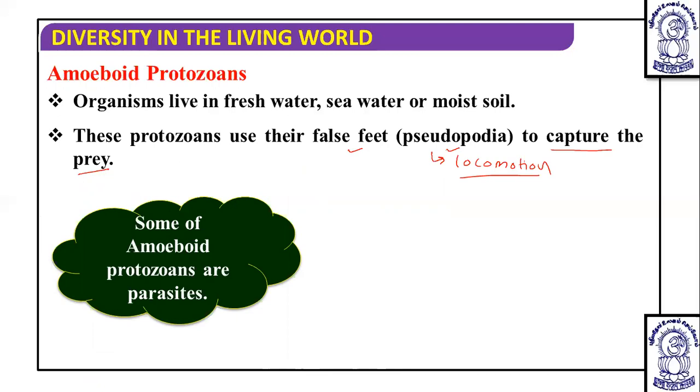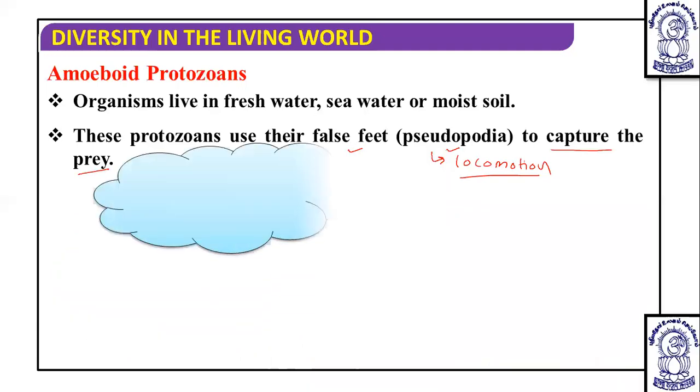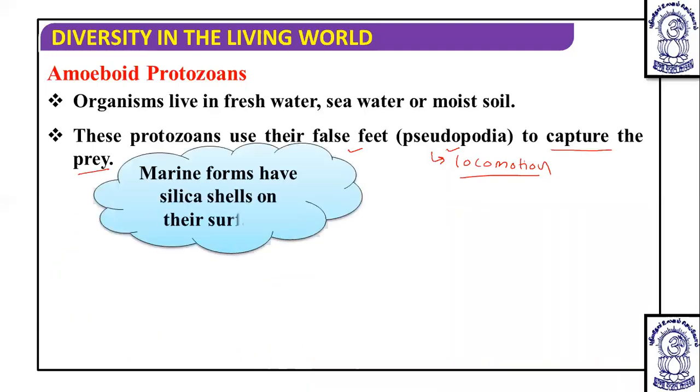So two functions are there: locomotion as well as capturing of the food. Some amoeboid protozoans are known to be parasites. Then some marine forms. This is an important statement of NCERT. We should mark this important statement of NCERT.